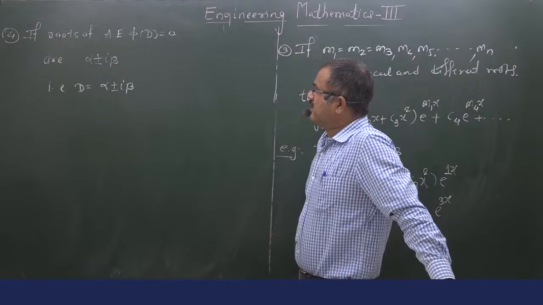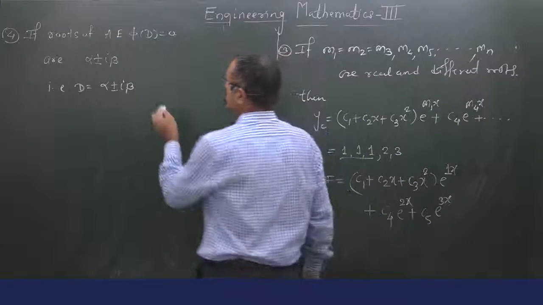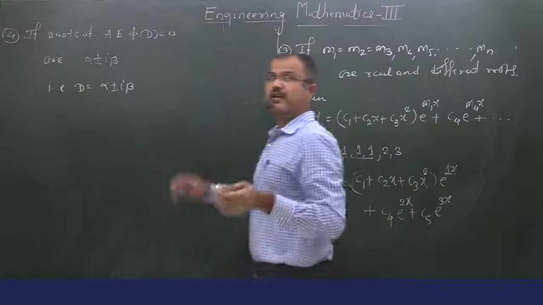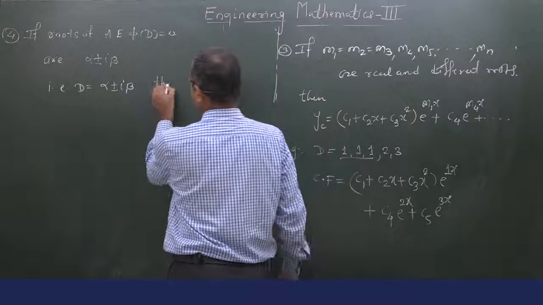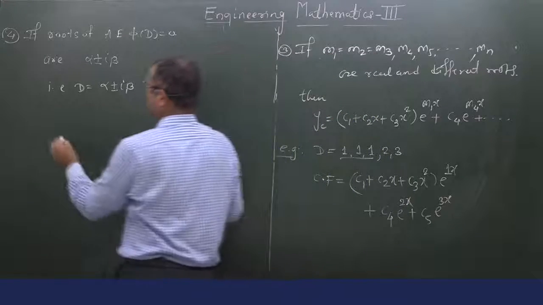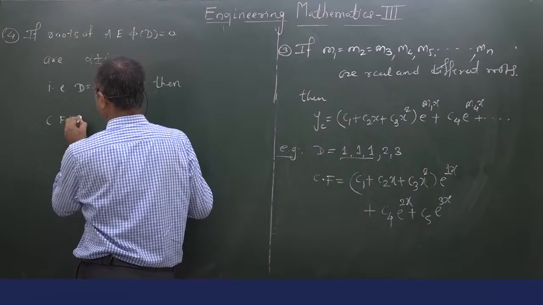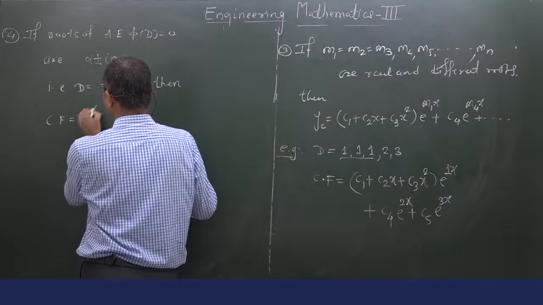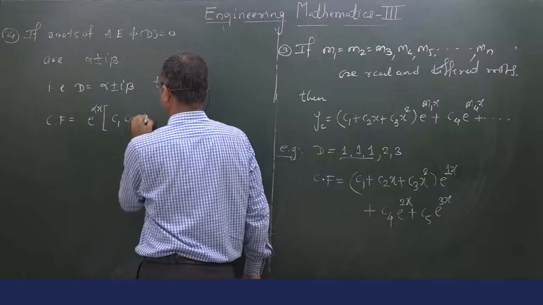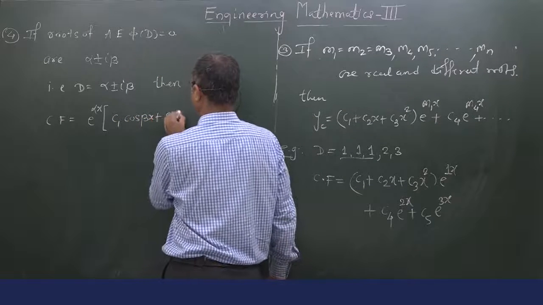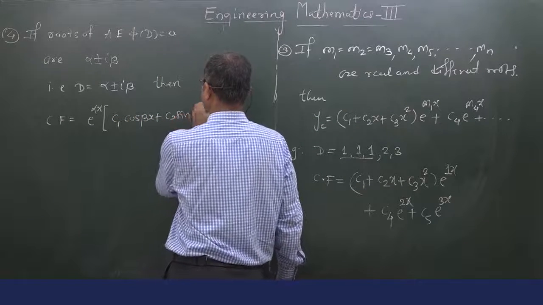or if the roots are imaginary and unequal or different, then its complementary function is yc is equal to e to the power alpha x into c1 cos beta x plus c2 sin beta x.